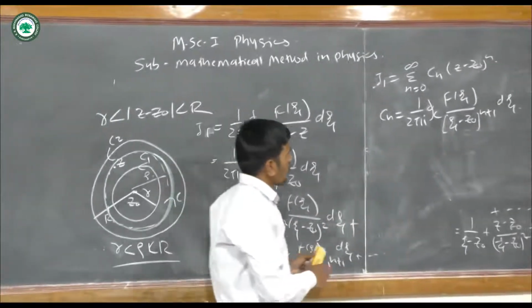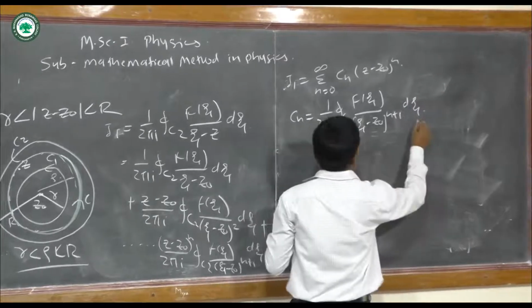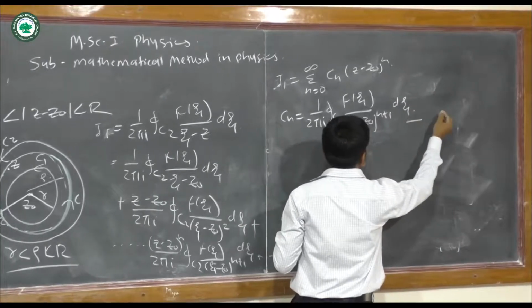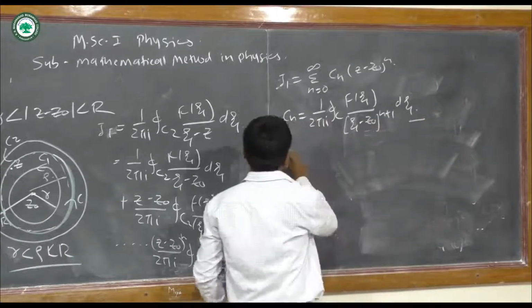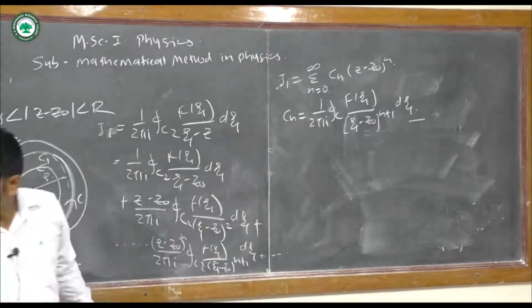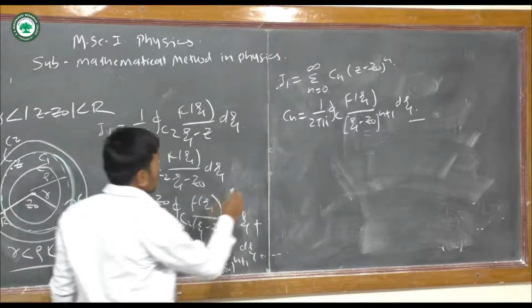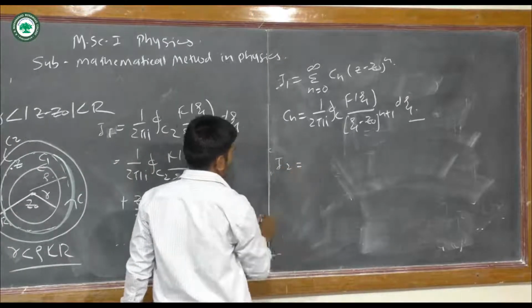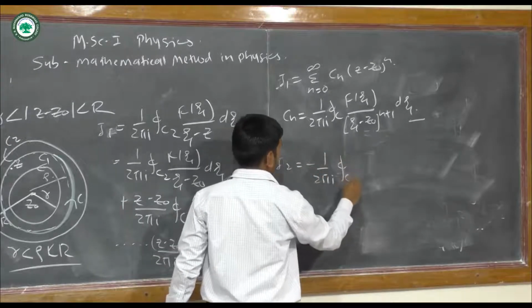Now next, I write for the I2. So I2, that is minus 1 by 2 pi i, closed integral over C1.